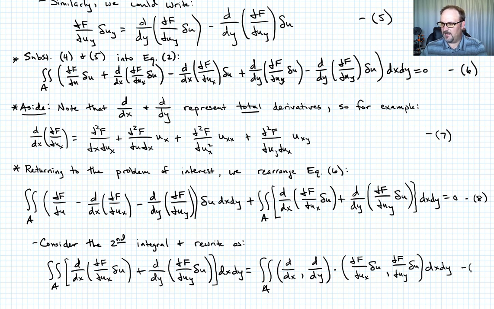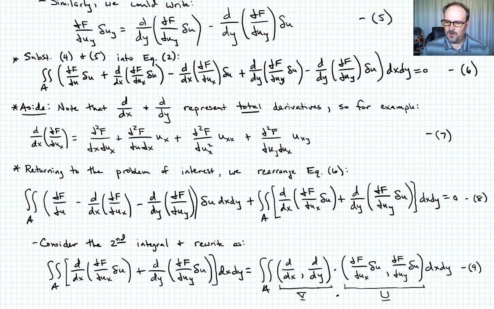Let's call this equation 9. Okay, what do we know? Well, this is our gradient operator, right? This is del, that vector. And let's just call this vector, for the sake of calling it something, vector u. So what this is, is del dot u.